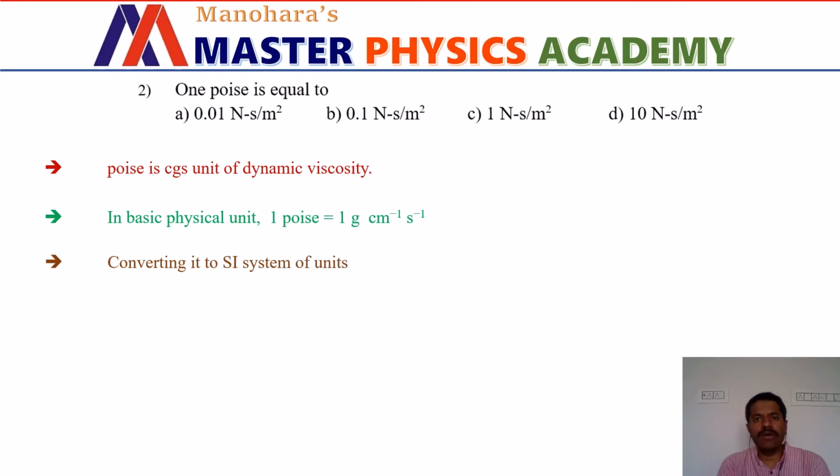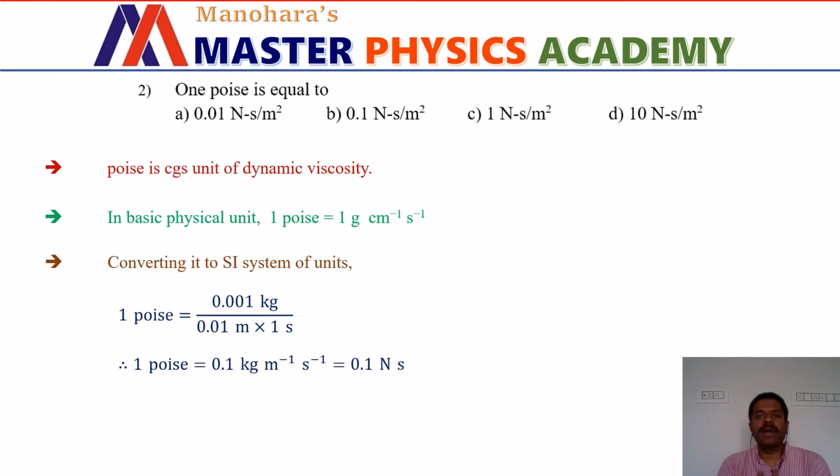We all know that 1 gram is equal to 0.001 kg and 1 centimeter is equal to 0.01 meter. Using this, converting the CGS system of units into SI system, we will get that 1 poise is equal to 0.1 Newton second per meter squared. Hence, option B is the right choice.